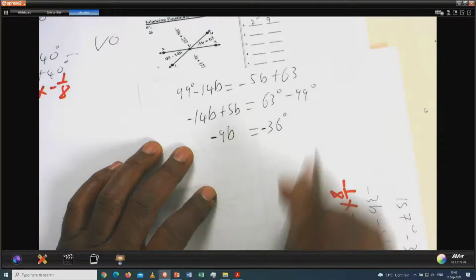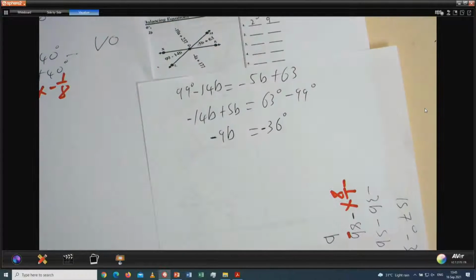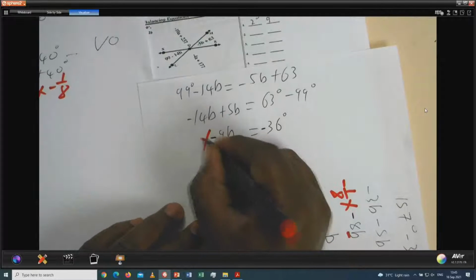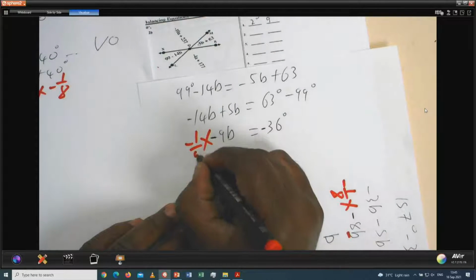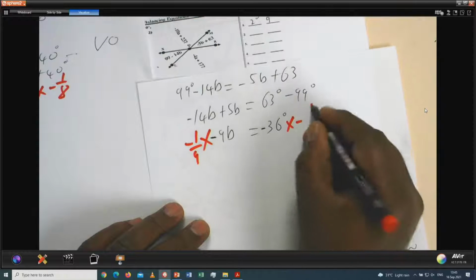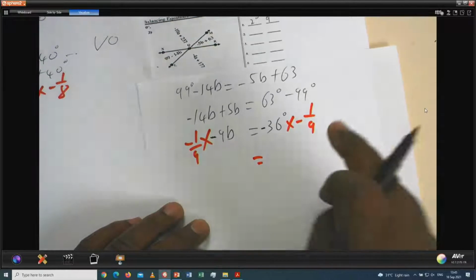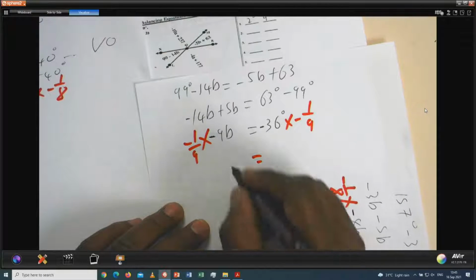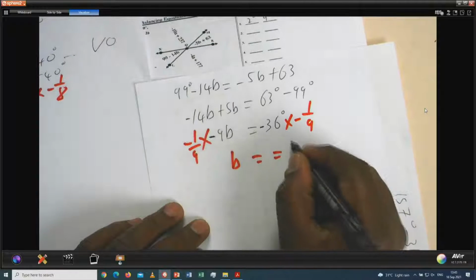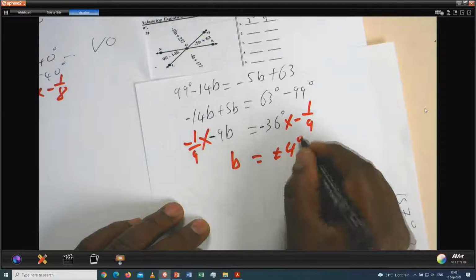You still owe, the negative. Once more, we want a positive B. Therefore, we'll multiply with a negative 1 over 9. What you do on the left, you also do on the right. Therefore, your B is going to be 4 degrees.